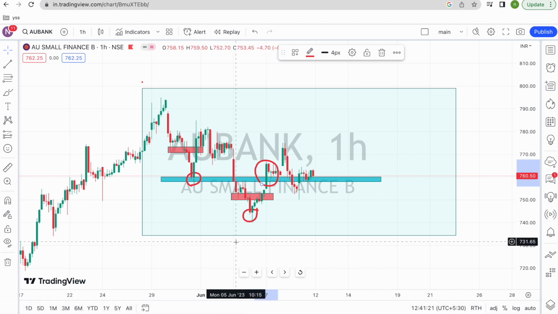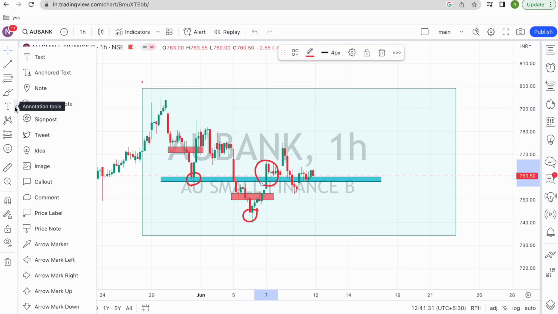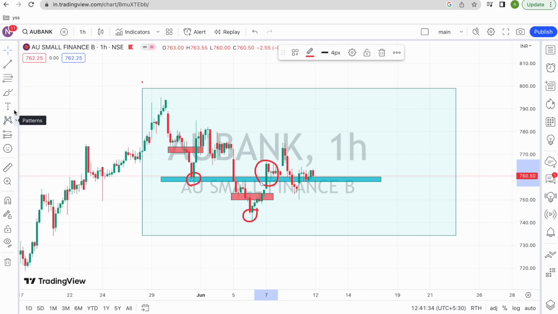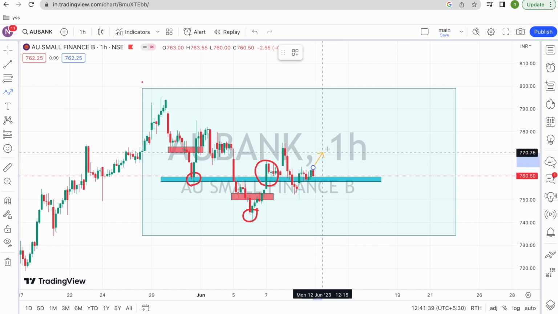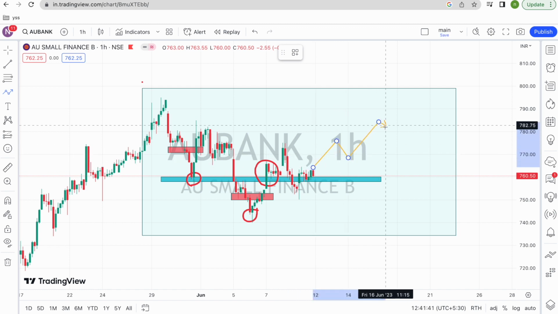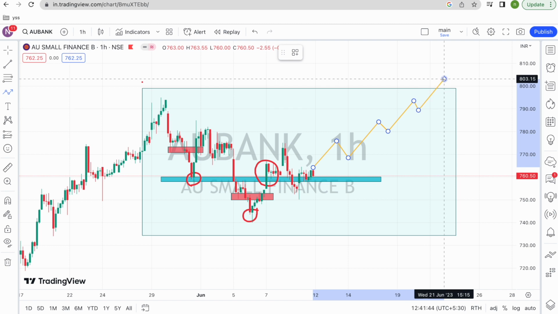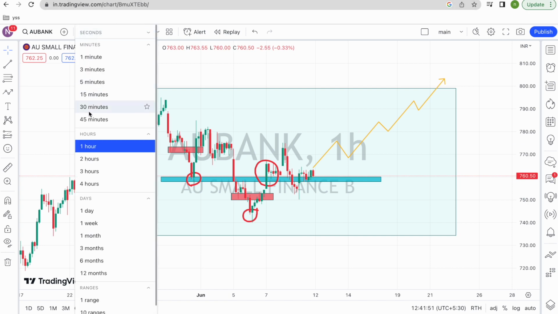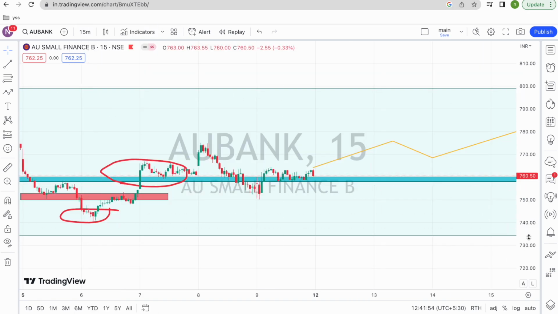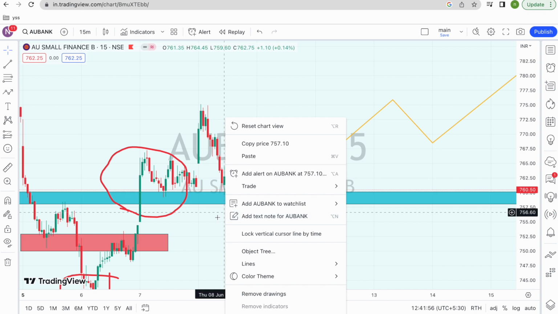The strength of the buyers is clearly back, but to predict an up move like this, we need to move to lower time frames and again analyze the charts, right?